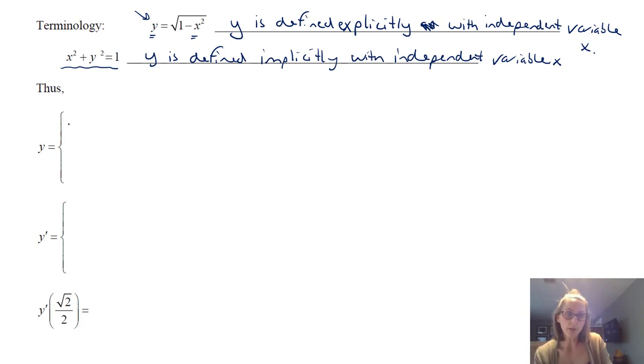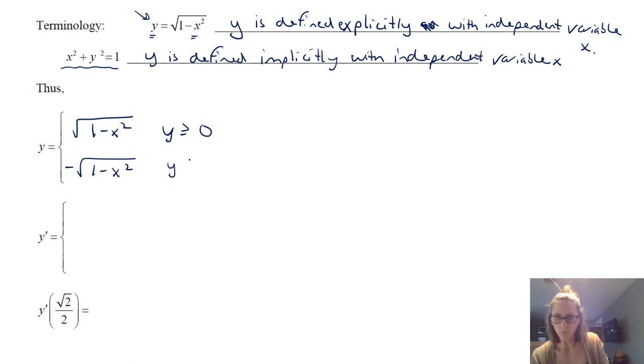So what we already saw was that we have two different pieces here for y. We have the square root of 1 minus x squared when y is greater than or equal to 0. And we have negative square root of 1 minus x squared, and you can imagine when that is true, y is less than 0.